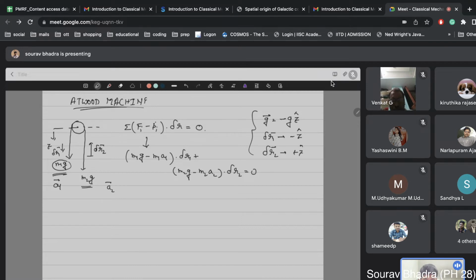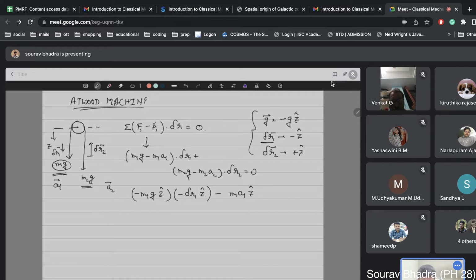Okay, now as you see, delta r1 is along the minus z direction, so this will be m1g, where g is in the minus z direction, dot delta r1 z cap, minus m1a1, where we have taken a1 also along the same direction.